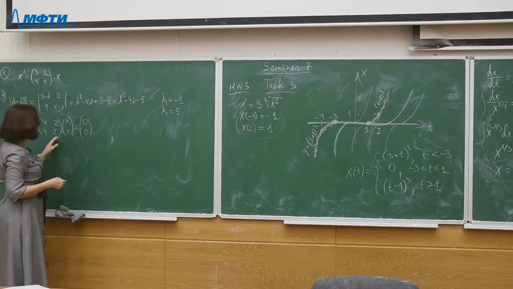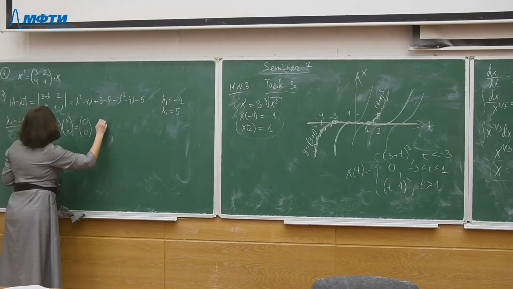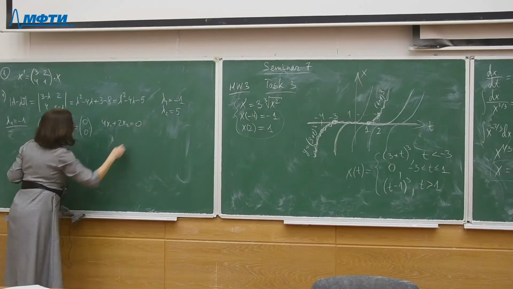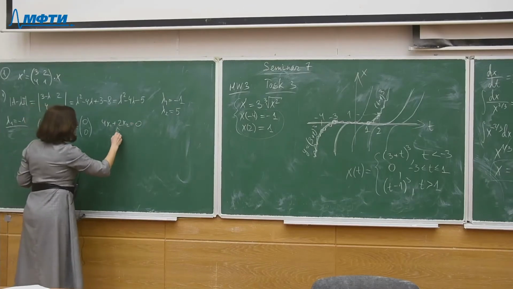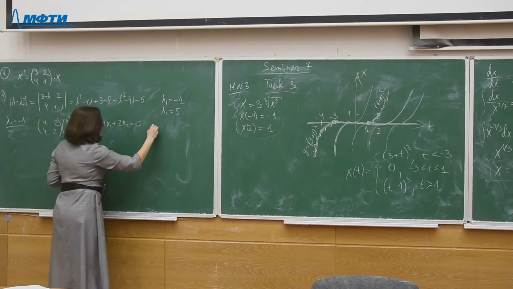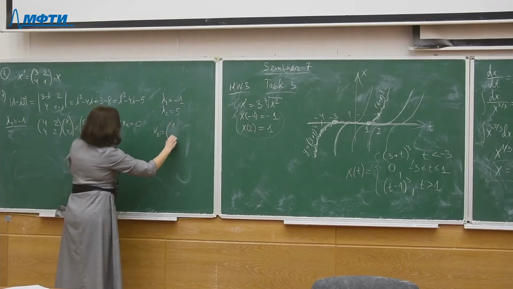So we have 4x1 plus 2x2 equals 0. Just guess: v1 will be 1 and -2.